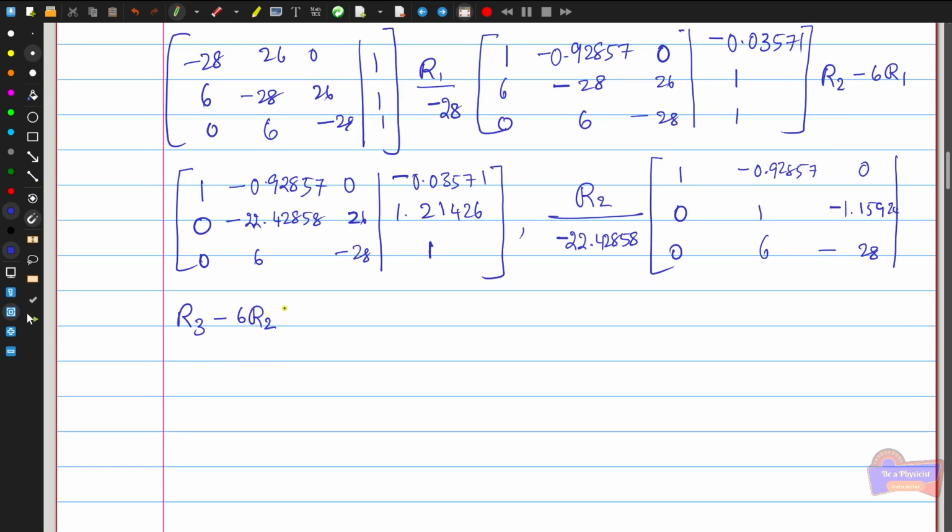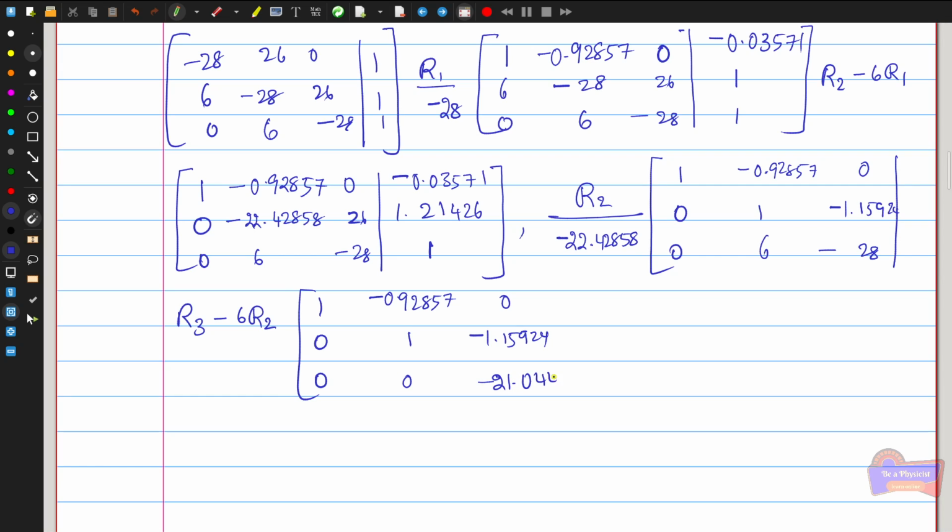If I use this transformation, I get the values as 1 minus 0.92850, 0, 1 minus 1.15924, and this is 0, and this is also going to be 0, and this value is minus 21.04456 with a constant value of 0.03571, and this is going to be 0.05414, and this third term 1.32484.